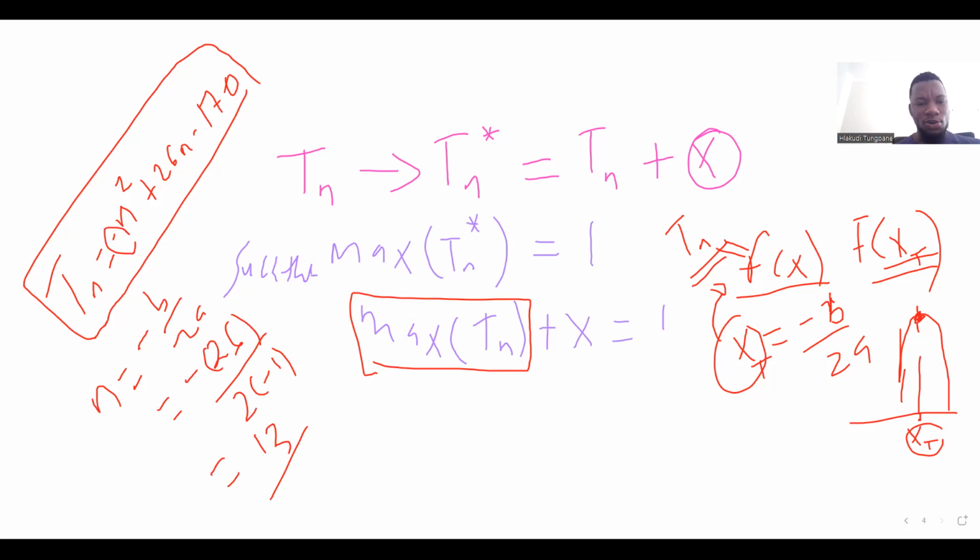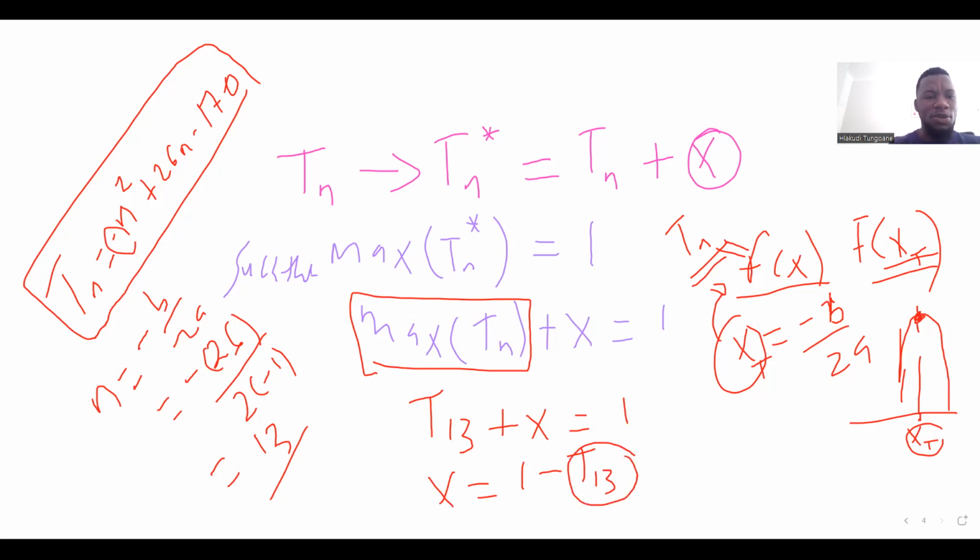Okay, so if you have n equals 13, which is the n that maximizes the Tn formula, then if you substitute T13 into this, T13 plus x must equal 1, right? So x equals 1 minus T13. What's the value for T13?